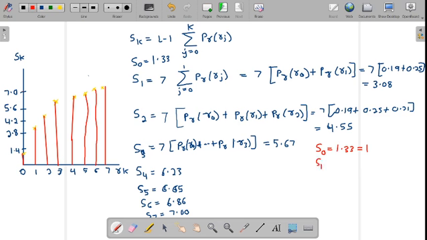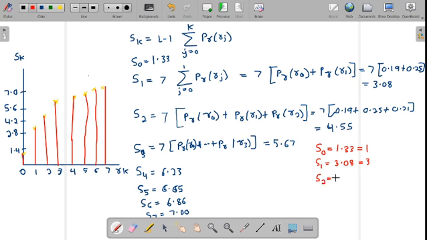Next, S1 is 3.08, so rounded off it is 3.